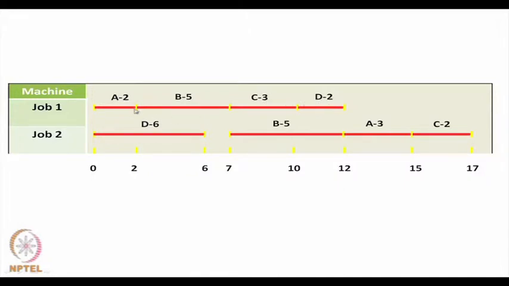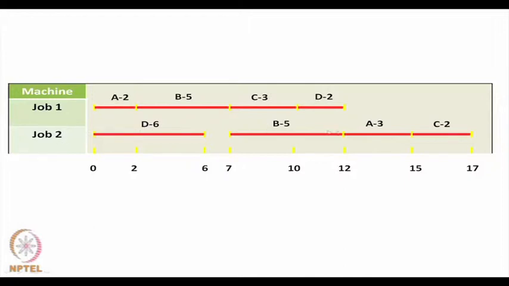So, the work is complete at the end of the 12th hour. 2, this is 7, 7 plus 3, 10, 10 plus 2, 12. So, the work is complete on job 1 at the 12th hour.